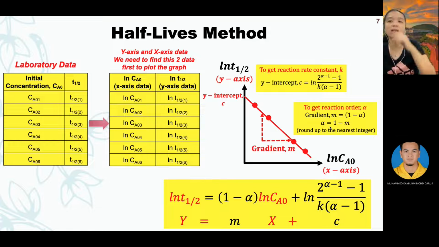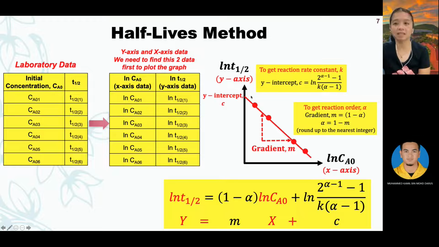So 1.1, nearest integer is 1, meaning it is first order. Let's say you calculate alpha as 1.8, round to second order because it is close to second. If you get 0.8, round to first order. If you get 1.4, round to first order. So meaning you have to always round to the nearest integer.